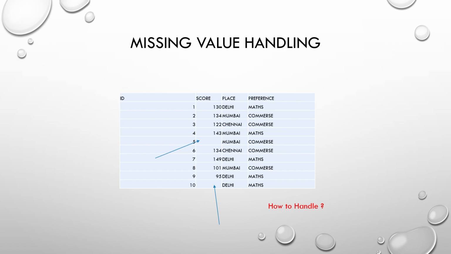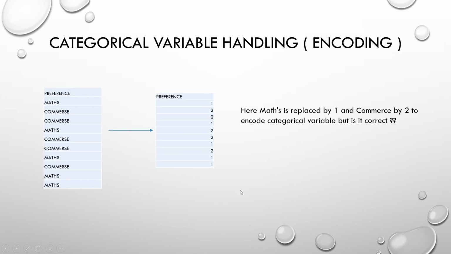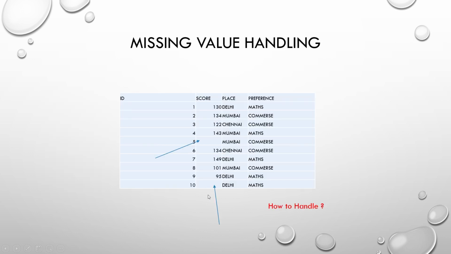In the next iteration we'll discuss missing value handling. Whenever you are developing your model, some of your features may have missing values. For example, this is the data set, and here you have four columns: id, score, place, preference. These are the features for developing a machine learning model. This is the terminology we use.